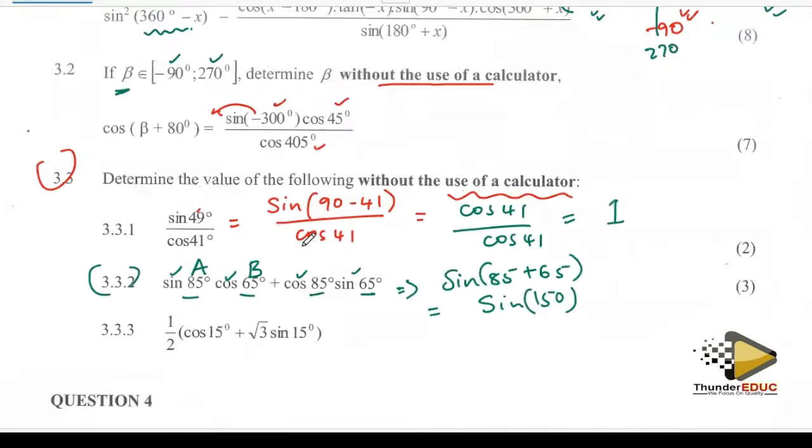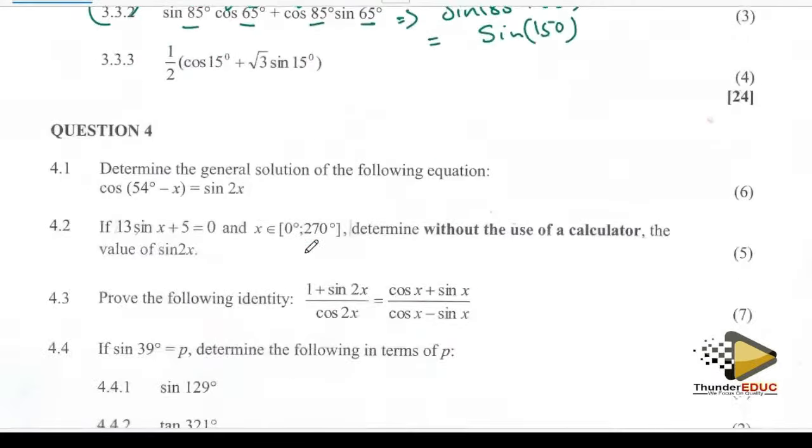In 4.2, they're telling us that if 13 sine x plus 5 is equal to 0, where our x is between 0 and 270, determine without using the calculator the value of sine 2x. Normally they will tell you with the aid of a diagram. In this case, they never said that.